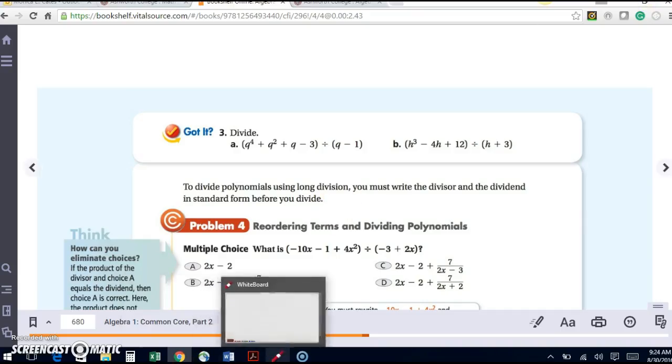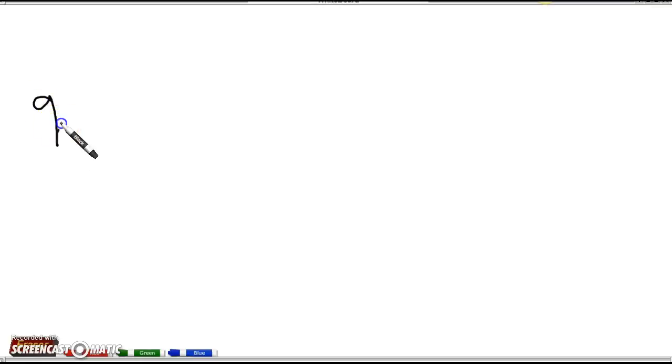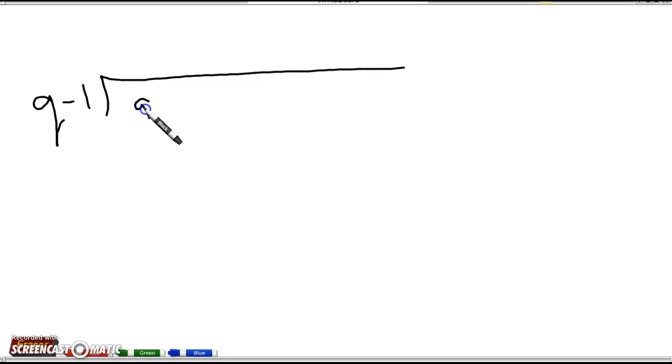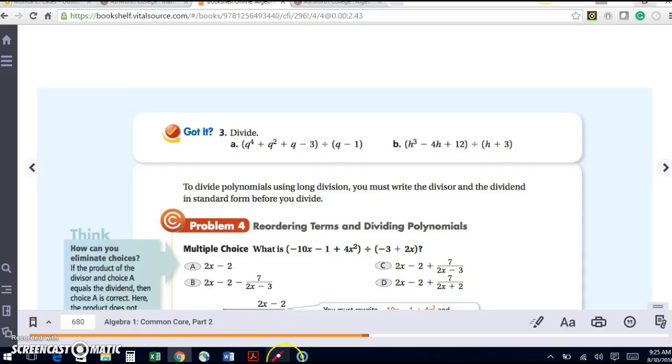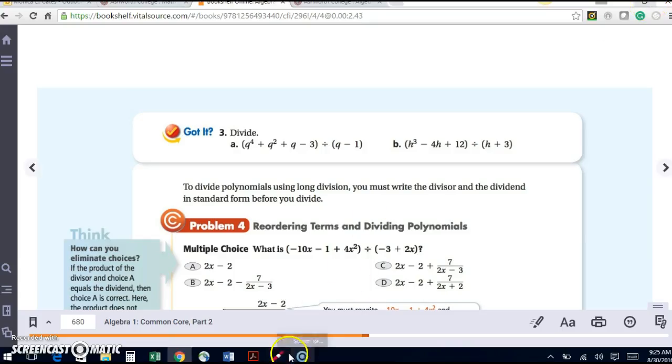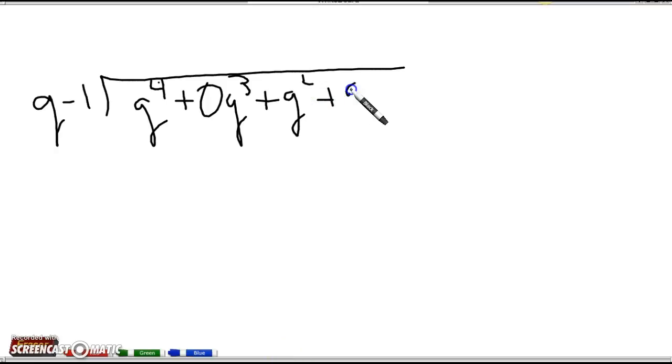We have q minus 1 dividing into q to the fourth. Don't have a q to the third, so I'm going to put that there to hold that place, plus q squared plus q minus 3.